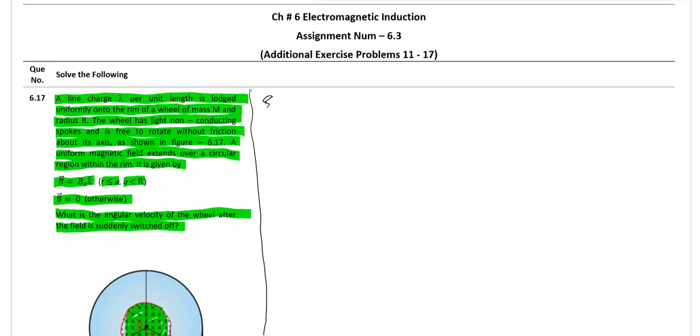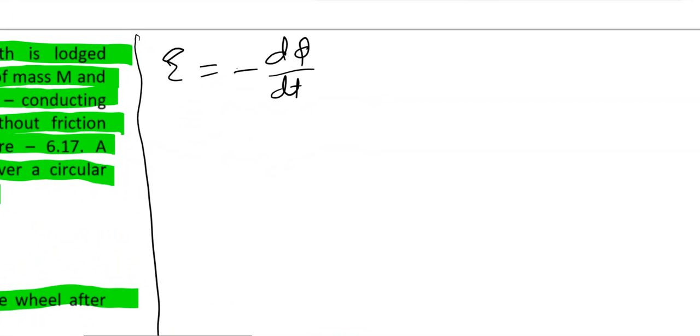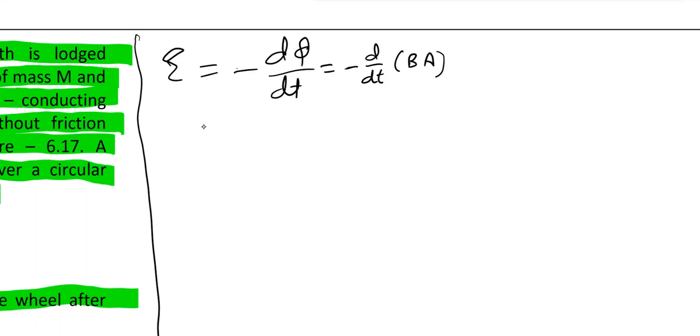So let us start with what we know, and what we know is the induced EMF. Induced EMF can be given as minus d phi by dt. Now we know that phi is B into A, actually cos theta, but in this case cos theta is 1.